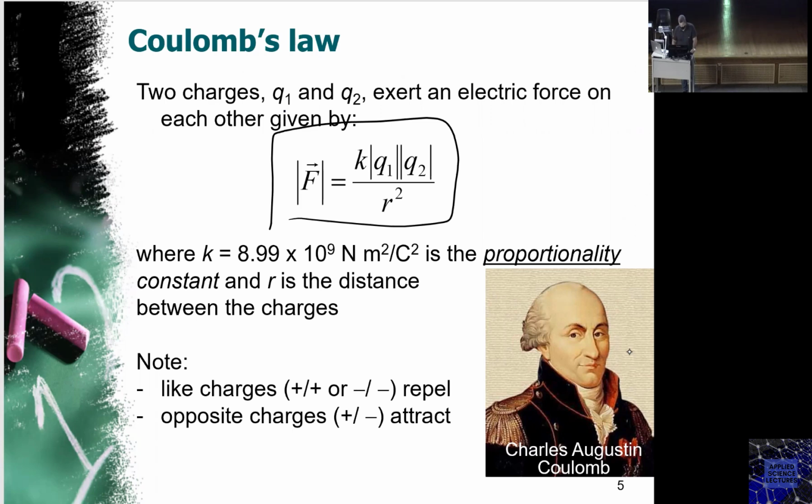So if I have those two charges, Q2 and Q1, charge Q1 will exert a force on charge Q2, and charge Q2 will also exert a force on charge Q1. The magnitude of this force is the same. Why? Because if you look at the expression, for both forces, you will have Q1 and Q2 in the numerator.